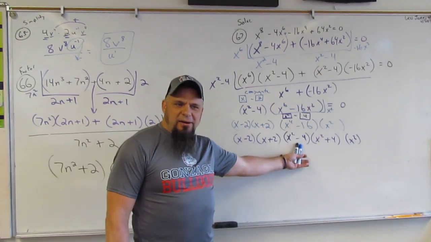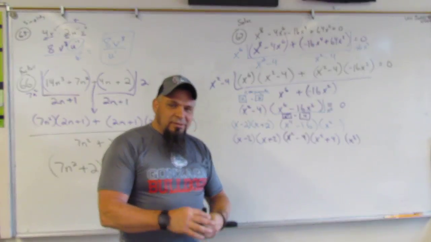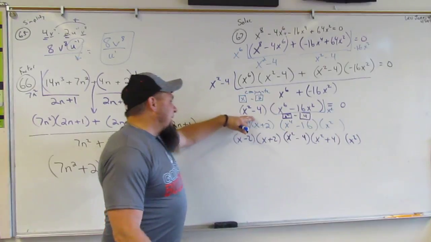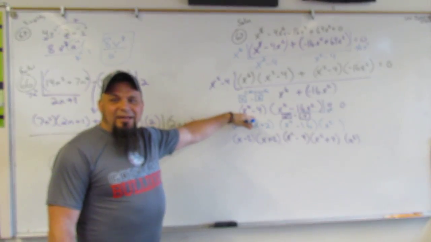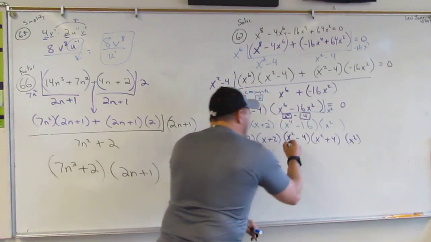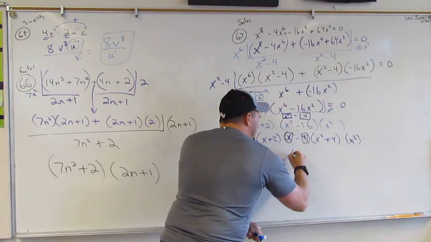Is this a perfect square? Yeah, of what? Not 4. 2. Yeah, it's back to this, right? Doesn't it look just like that? So again, this is a square. This is a square. This is of x.